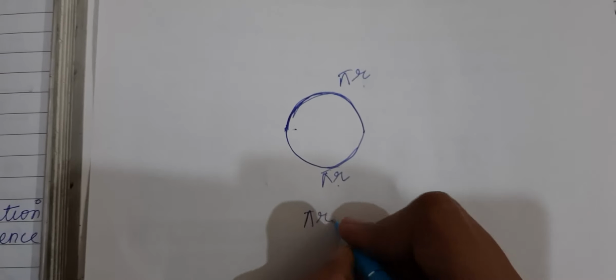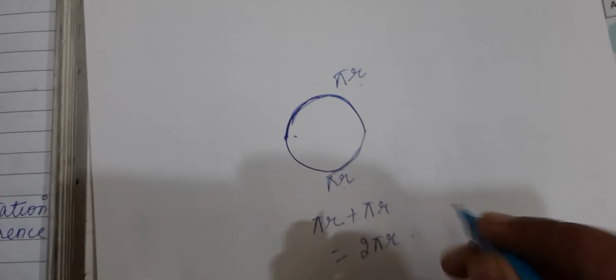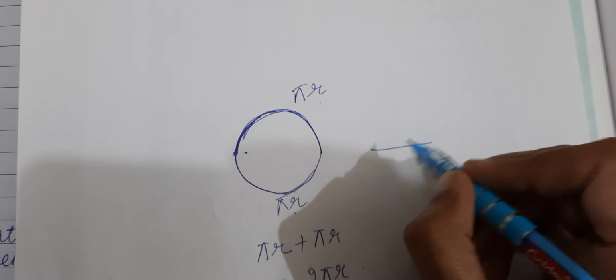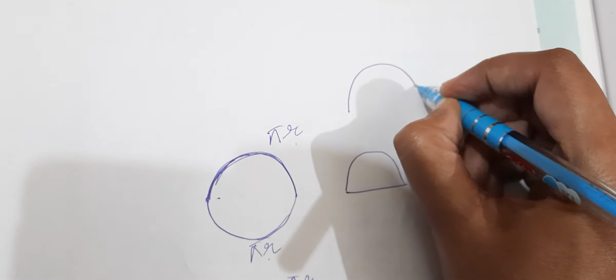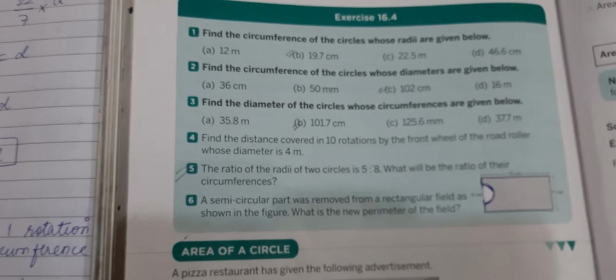So what is pi r plus pi r? 2 pi r. So if I'm going to talk about the semicircle, about this arc, the value of this arc is pi r. Now let us see the solution of this.